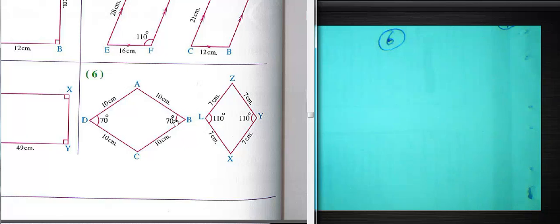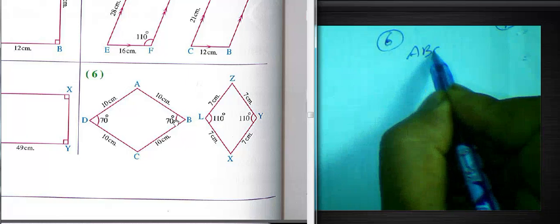If you have two rhombus, you must find the angles because the ratio between each two corresponding sides will be constant. So question number 6, we have rhombus ABCD similar to YXLZ. It's easy for you.